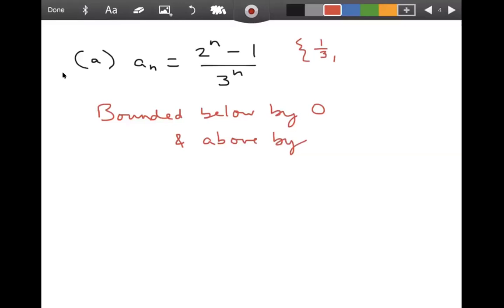Second term is 4 minus 1 over 9, which is 3/9. The next term is 15 over 81. Term after that is 2 to the 5th is 32. 32 minus 1 is 31, over 243.